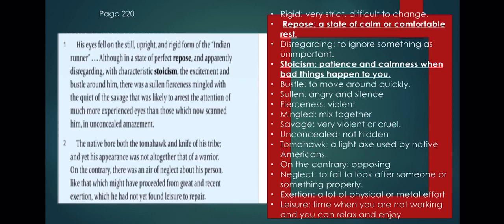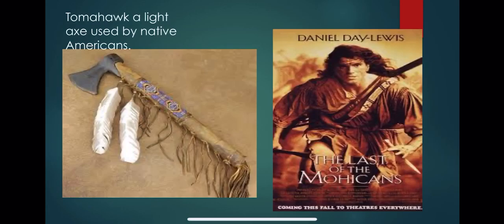This is actually what I mean by these paragraphs. This is a picture of a tomahawk, which is a light axe used by Native Americans, as you can see on your left.